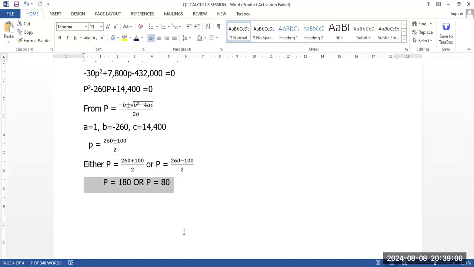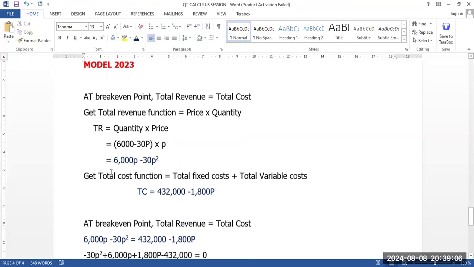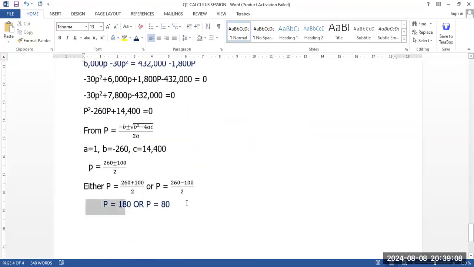That is your answer. You don't need to proceed. That is your final answer, because we are looking for break-even prices, not maximum profit or minimum cost. This is different from the first one.